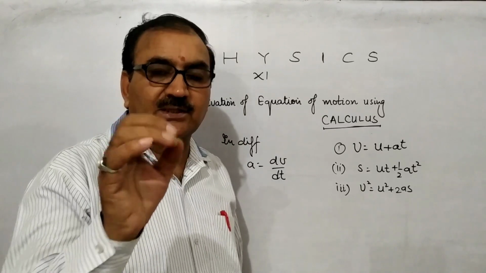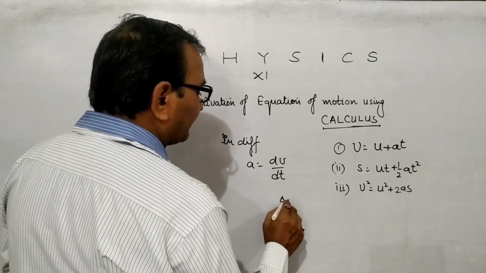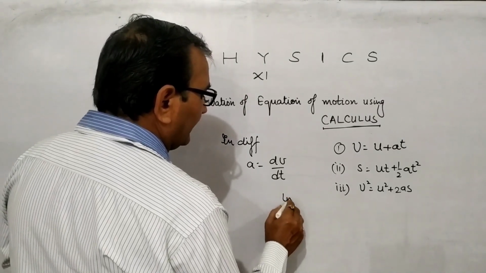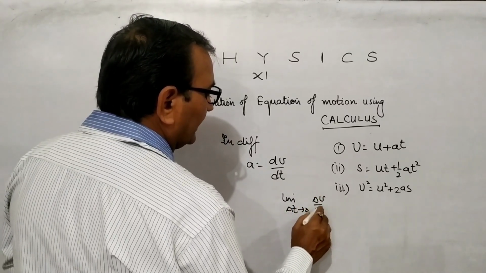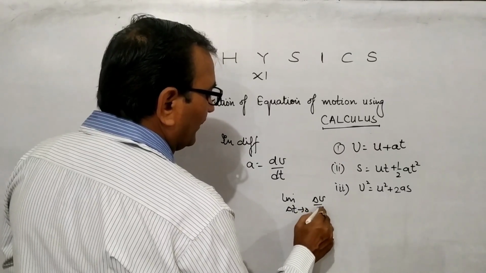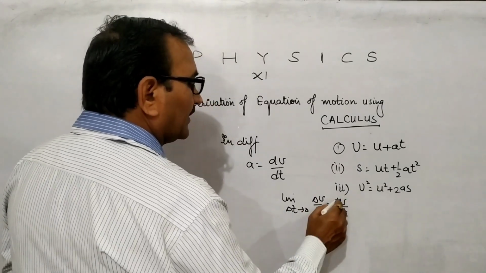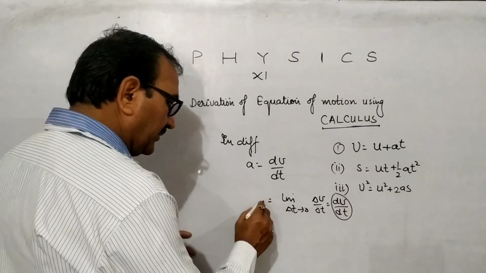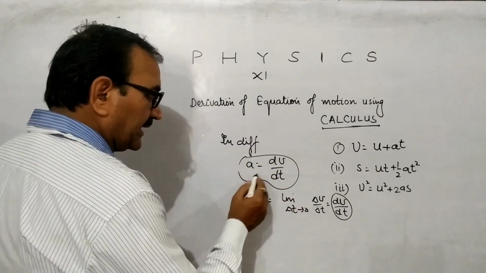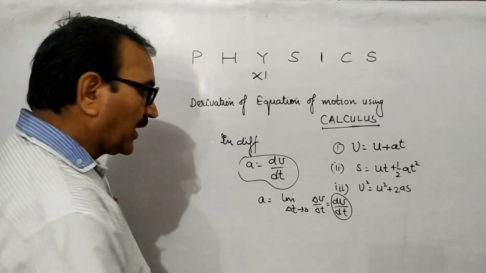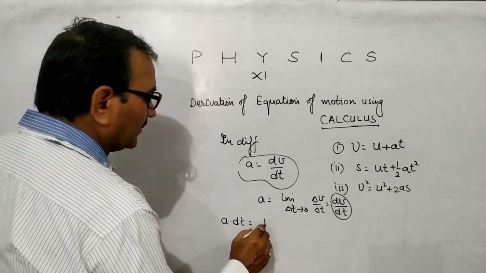If time is taken very short, tending to 0, that means limit delta t tending to 0, then delta v upon delta t can be written as dv upon dt. So this is equivalent to acceleration. So here we will take this relation, a is equal to dv upon dt. Now cross multiplying, a into dt is equal to dv.